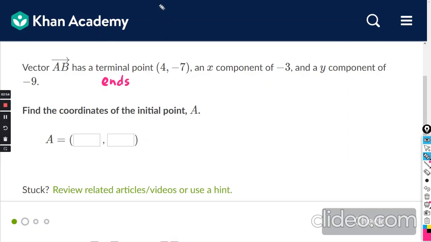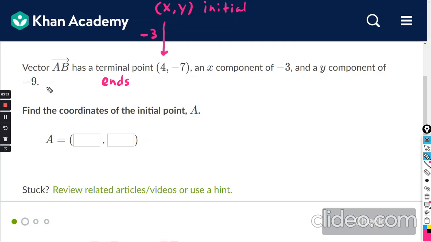Let's say the initial point is x, y. That's going to be where it begins. And it has an x component of -3. So we're going to have to add -3 in order to get from the initial to the terminal.